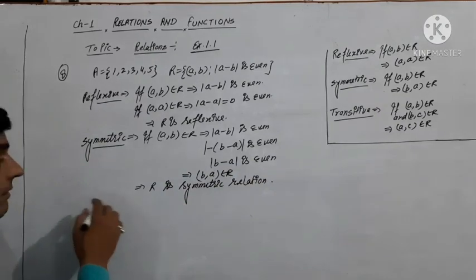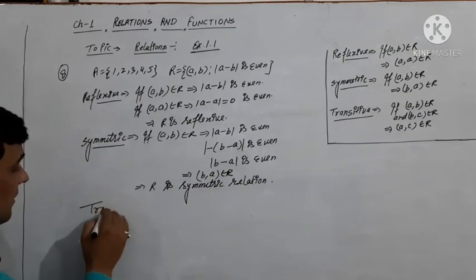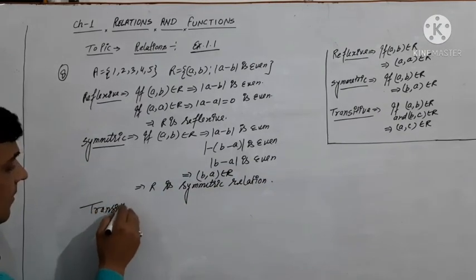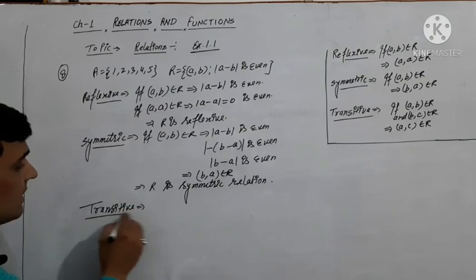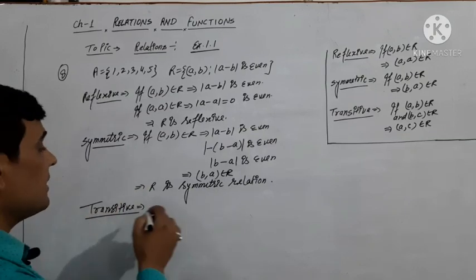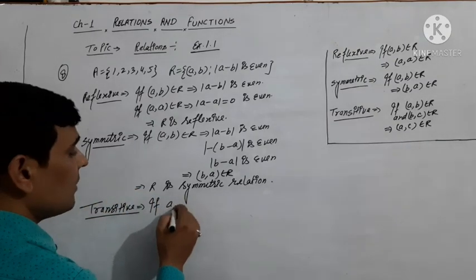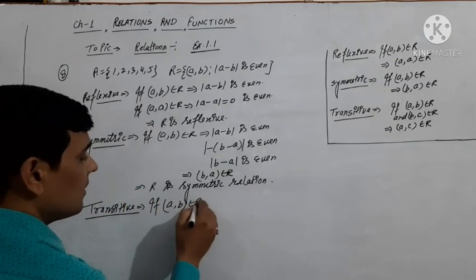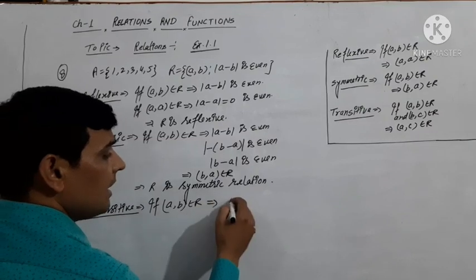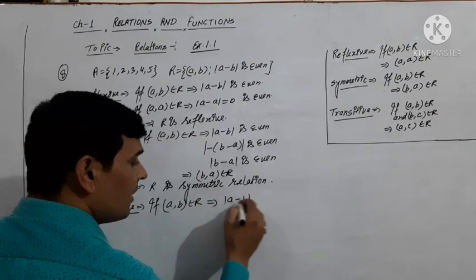Now come to the transitive relation. What is the condition for transitive relation? The condition: if (a, b) belongs to R, this implies that modulus of a minus b is even.